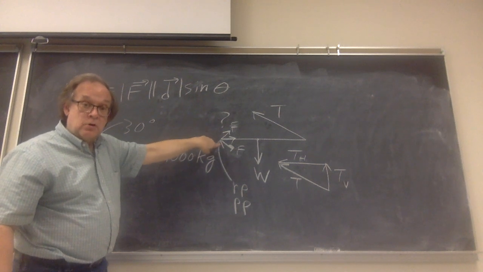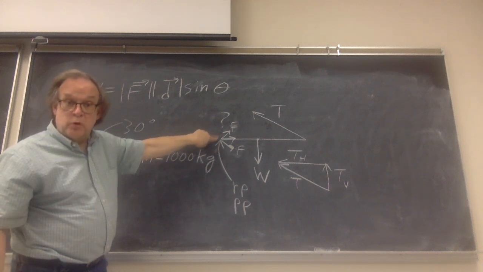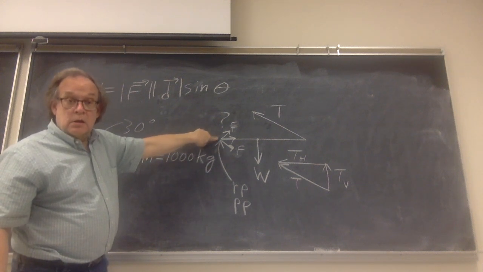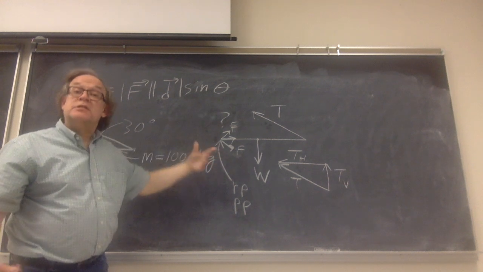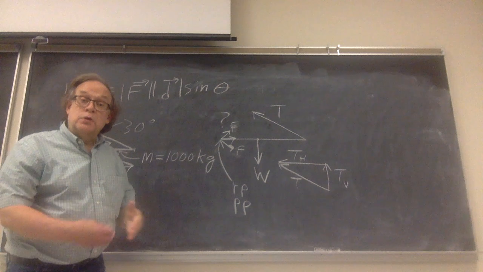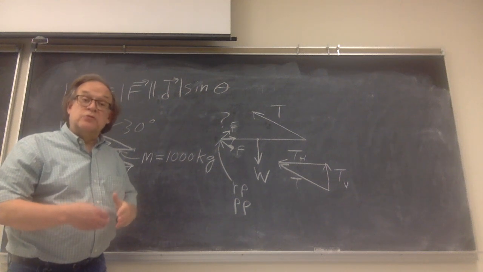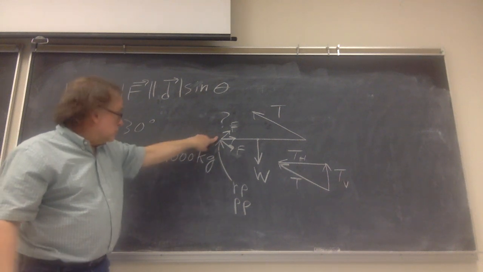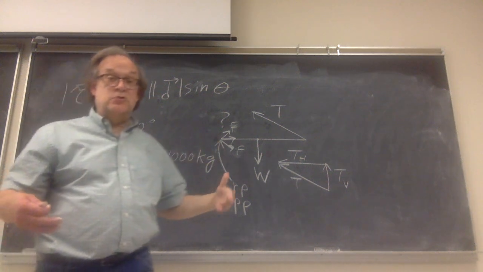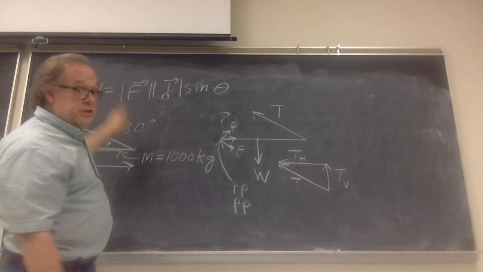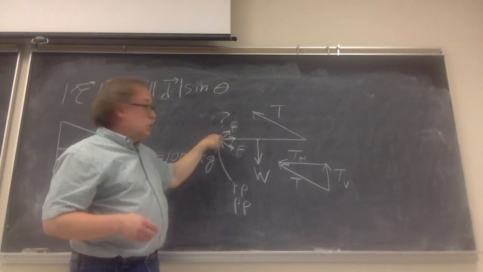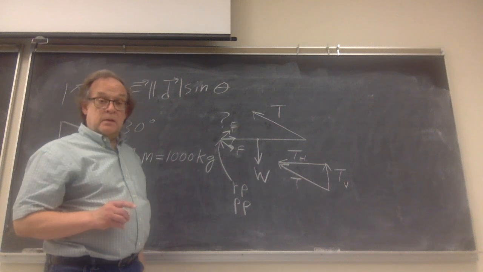But here, if we put the reference point or the pivot point right here, then the reference point and the point where the force is applied are the same point. So the displacement vector that takes you from the reference point to the pivot point is a displacement vector of 0 meters. So you put 0 in that slot and you get 0 for the torque caused by this force.